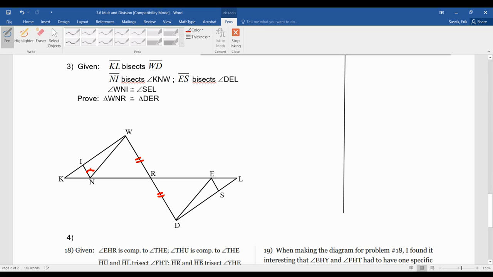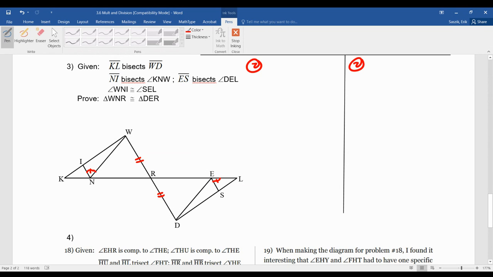Angle WNI is congruent to angle SEL, and you see how ES bisects DEL and IN bisects that. So I have the pieces, I could get the wholes. Let me catch up to the tick marks first.